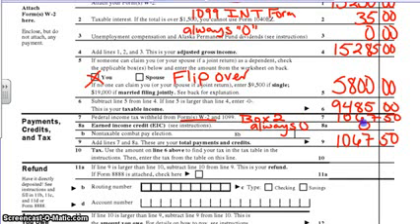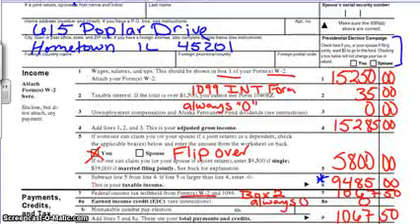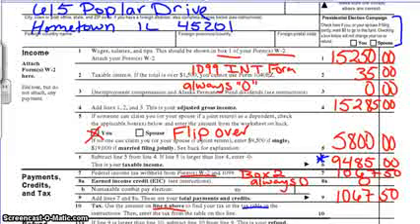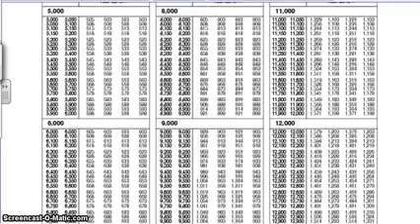Okay, moving on. Now, this is where it might get confusing. Let's take a look at line 10. It says you are going to use the amount on line 6. So line 6, and this is where your yellow sheet is going to come into hand. This is your tax table. Okay, so tax table, yellow sheet, take a look at it. You're going to use the number from line 6, which is that $9,485, and you're going to find the 9,000 table.